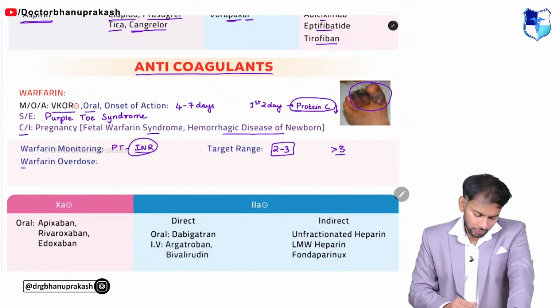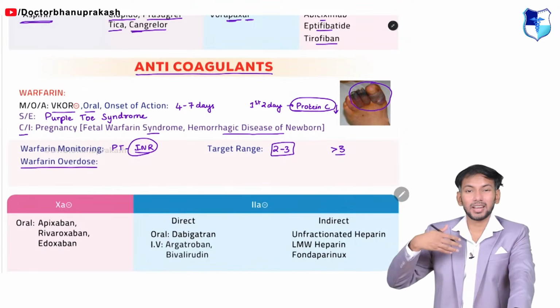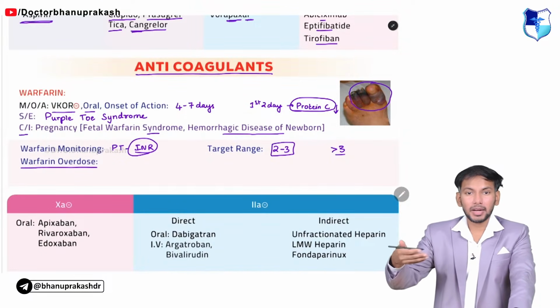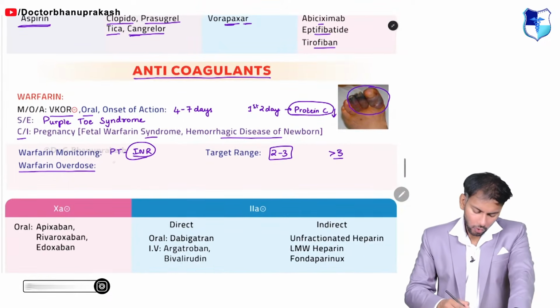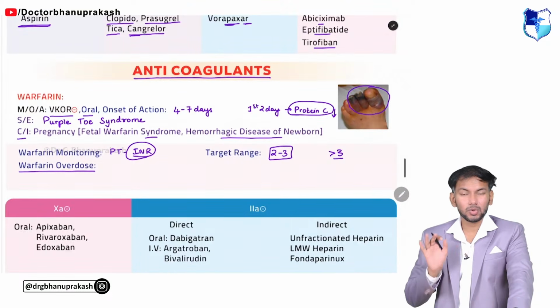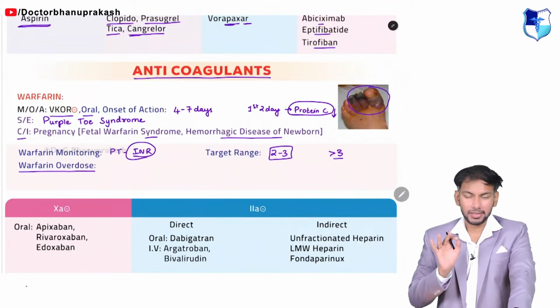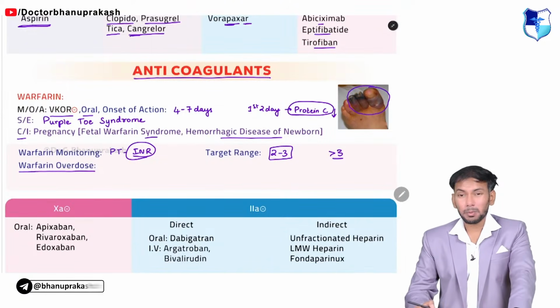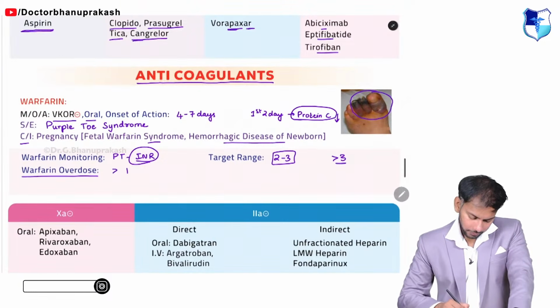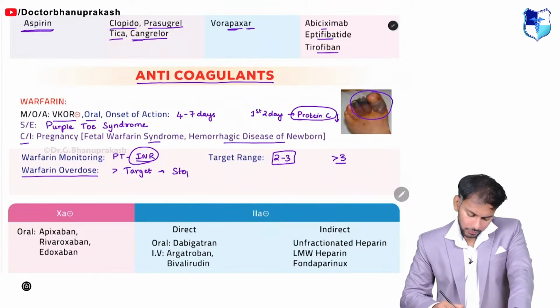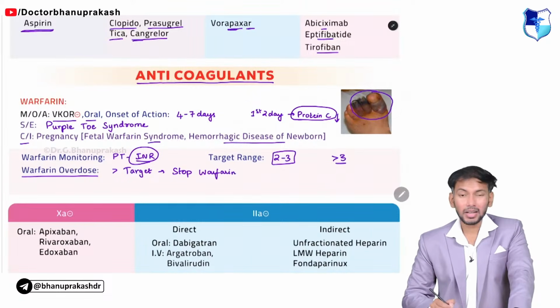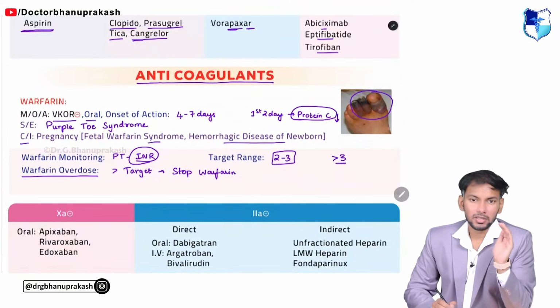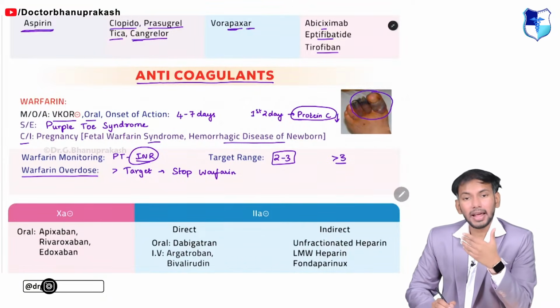So if there is warfarin dose and if the INR is going above the target, what will you do? See, according to Goodman and Gilman 13th edition, the textbook is saying that if INR is above the target range, you stop warfarin, and once the INR comes into the target range, you restart warfarin at lower doses.